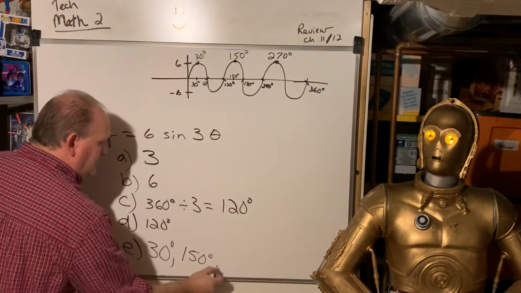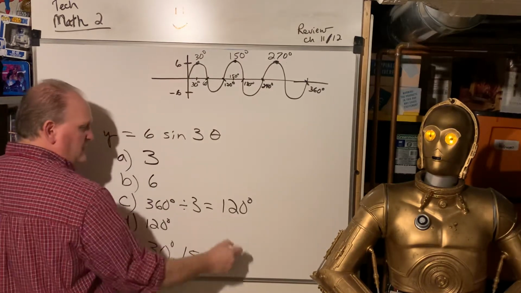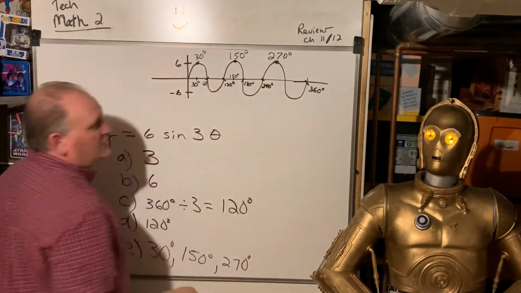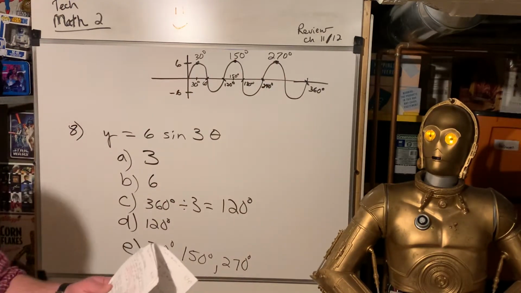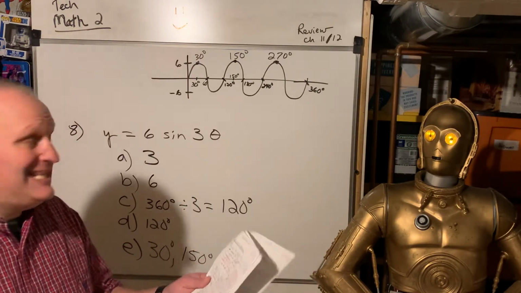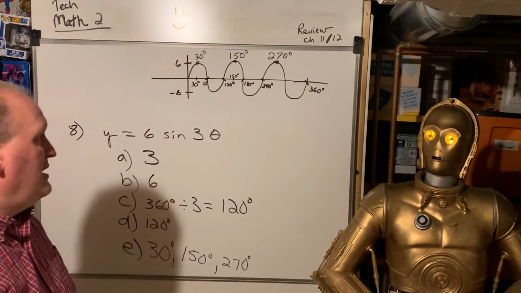And so you could do it by just adding 120 degrees, because that's the cycle. Every 120 you get the exact same graph. So I think that's easier than doing it on your graphing calculator.